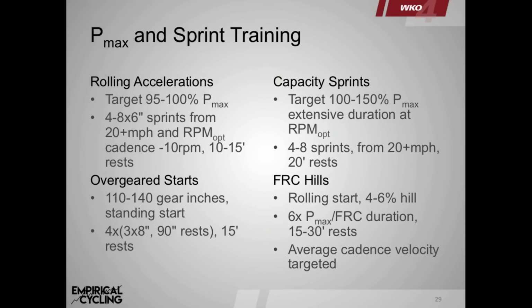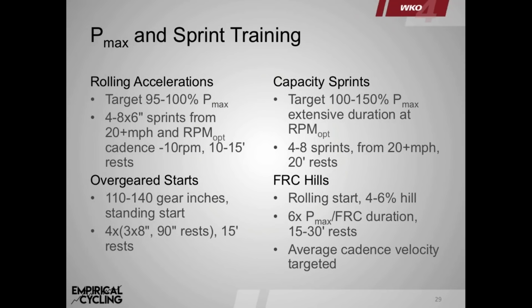So the reason I have people do it like this, do a lot of sprints from an initial high speed and a targeted cadence like this, is because, first of all, for high speed, when you sprint, you don't actually gain that much speed in a couple seconds, so you don't really have to do any shifting.